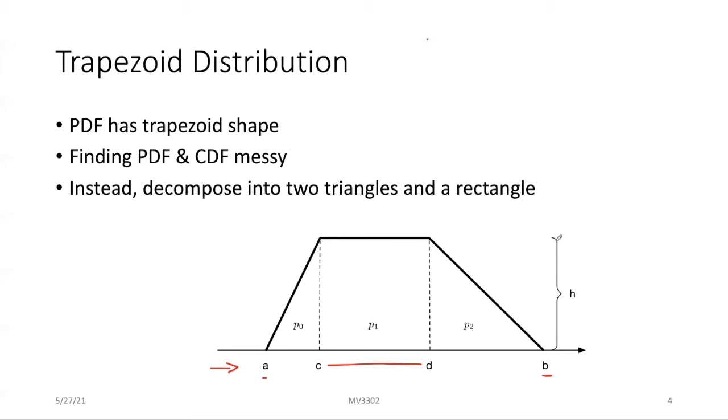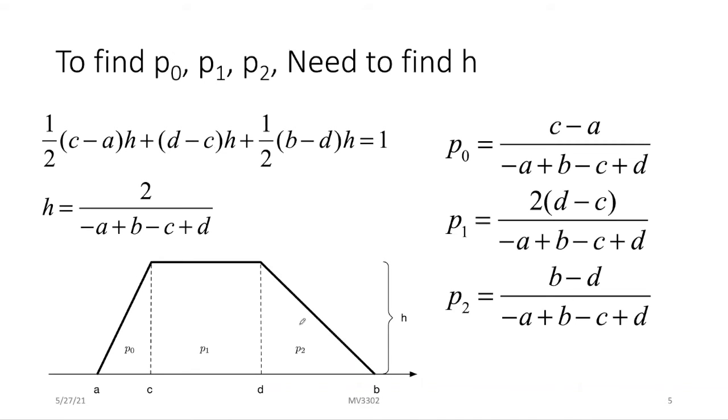But the one thing we don't know is what the height is. So that's the one bit of math we have to do: find what this height is. But that's fairly straightforward, because all we have to do is add up.